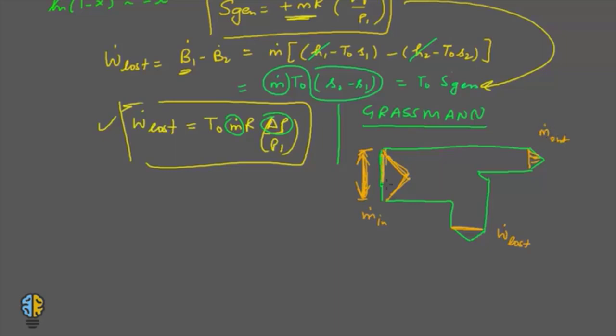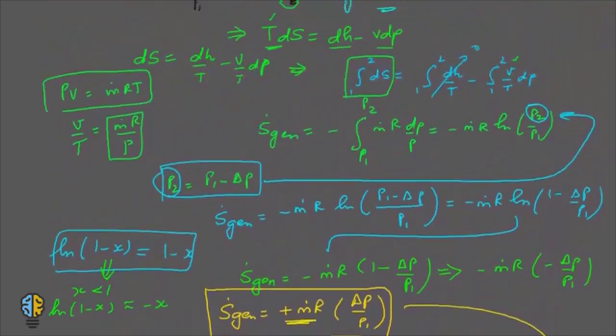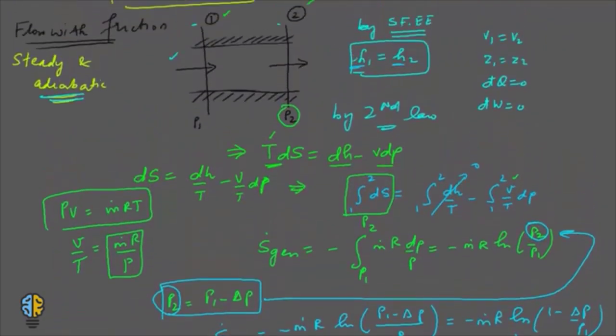So this width is higher as compared to this width, and this difference in the width is proportional to the availability of the stream. So this is how you can represent the decrease in availability, or the lost work, in case of a flow with friction. I hope you understood the concept of the Gouy-Stodola equation and the applications of this equation. Now, let's go on to the next video and talk about second law efficiency.